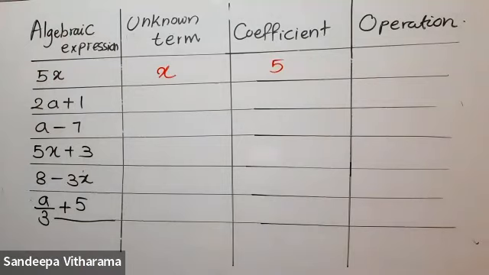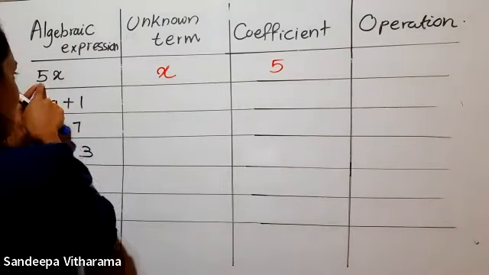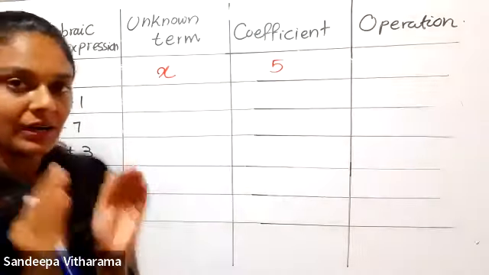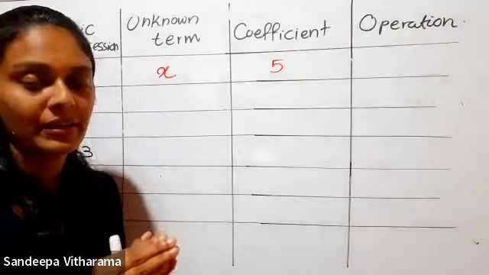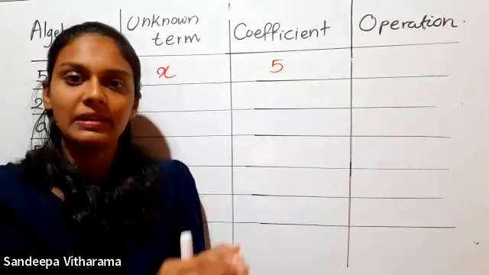Is it no operation? There is a multiplication here. How do we identify it? Look at 5x. Here 5x has been formed by 5 multiplying x.